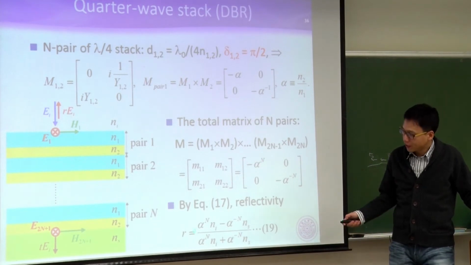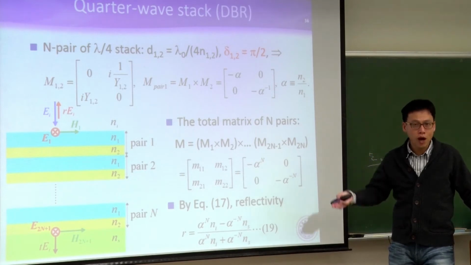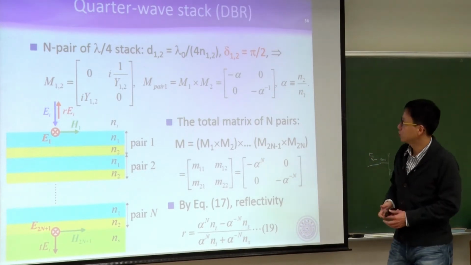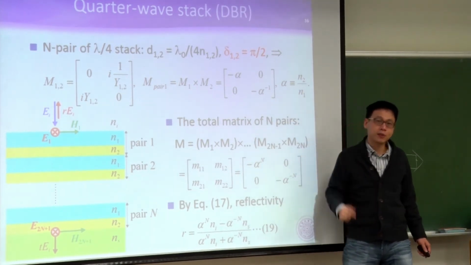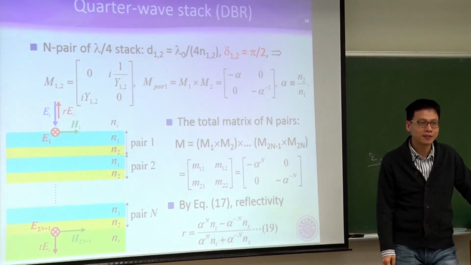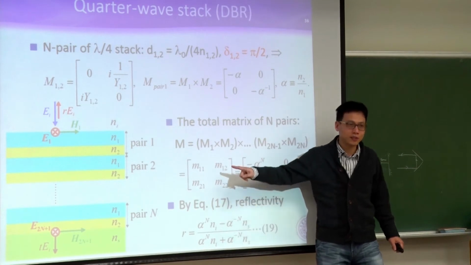And you can make small r a very big number close to 1 or a very small number close to 0 by controlling alpha and number of pairs, big N. You have 2 parameters. If small r is close to 0, what does this mean?